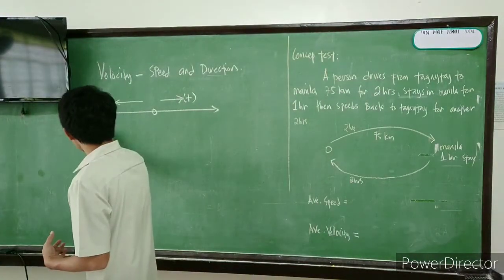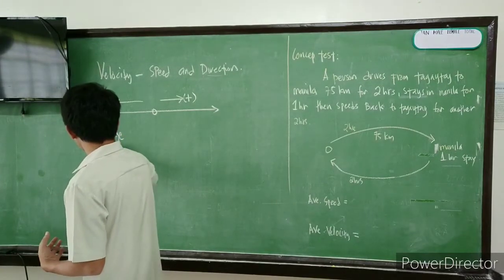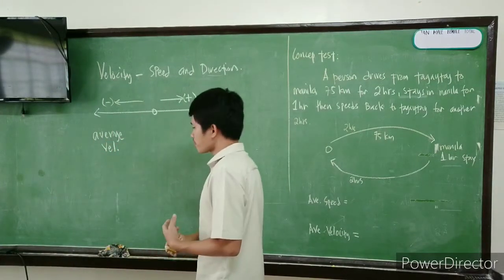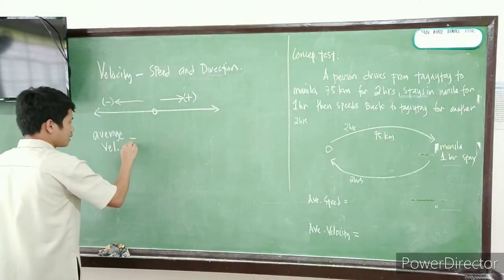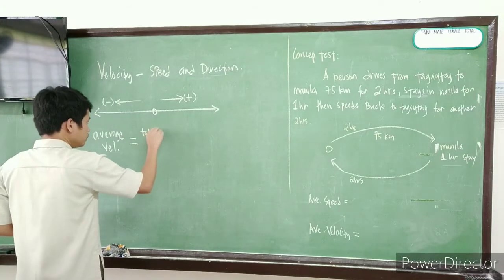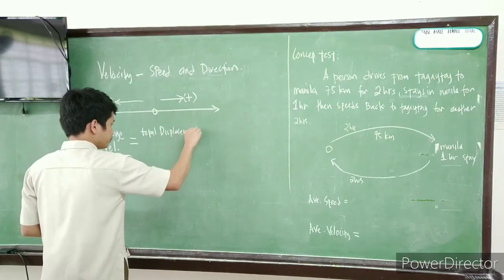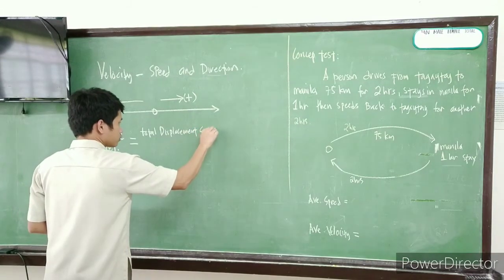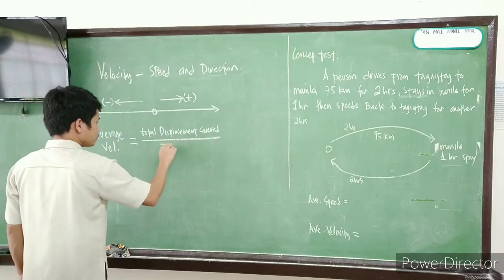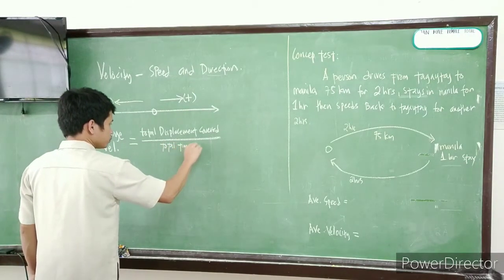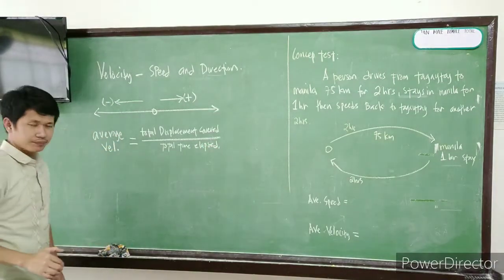Pag sinabi mong average velocity, kagaya ng definition ng average speed, average velocity is displacement covered over total time elapsed.